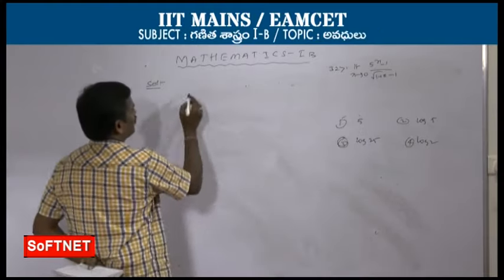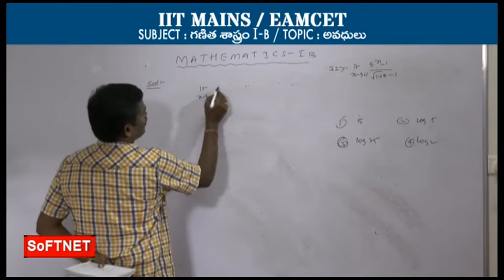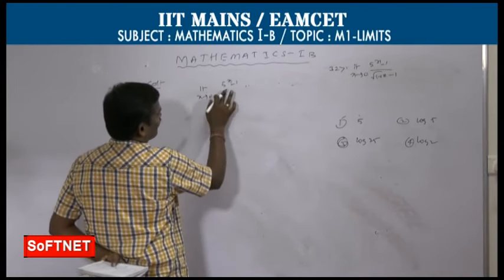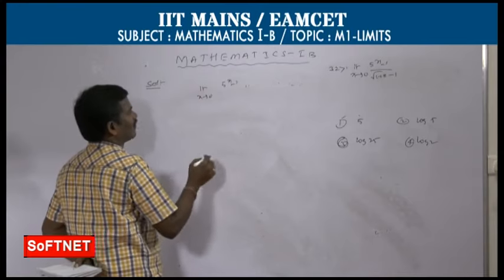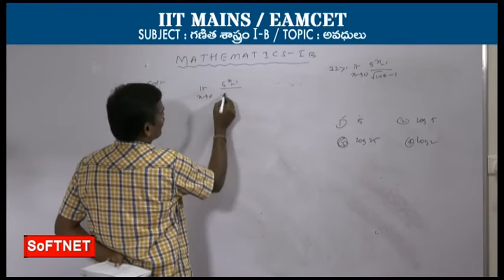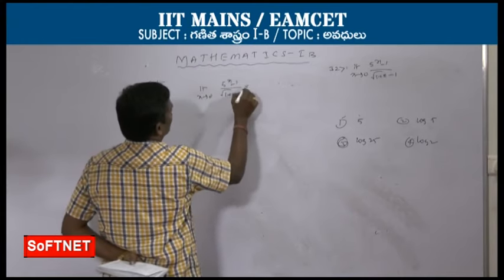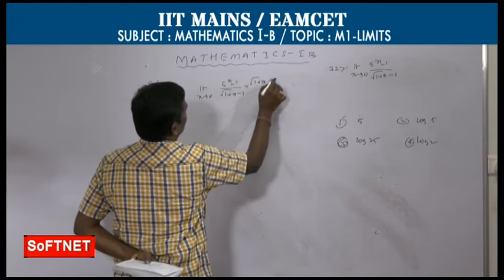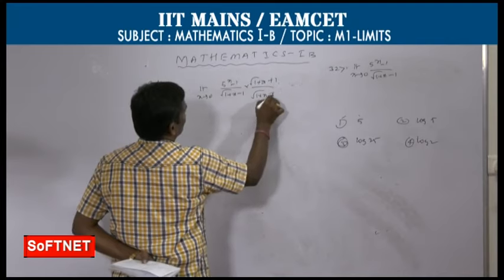Here also the limit is as x tends to 0. 5 power x minus 1 by x we should get, which is a standard form. For that we need to rationalize the denominator, square root of 1 plus x minus 1. So multiply by square root of 1 plus x plus 1 by square root of 1 plus x plus 1.